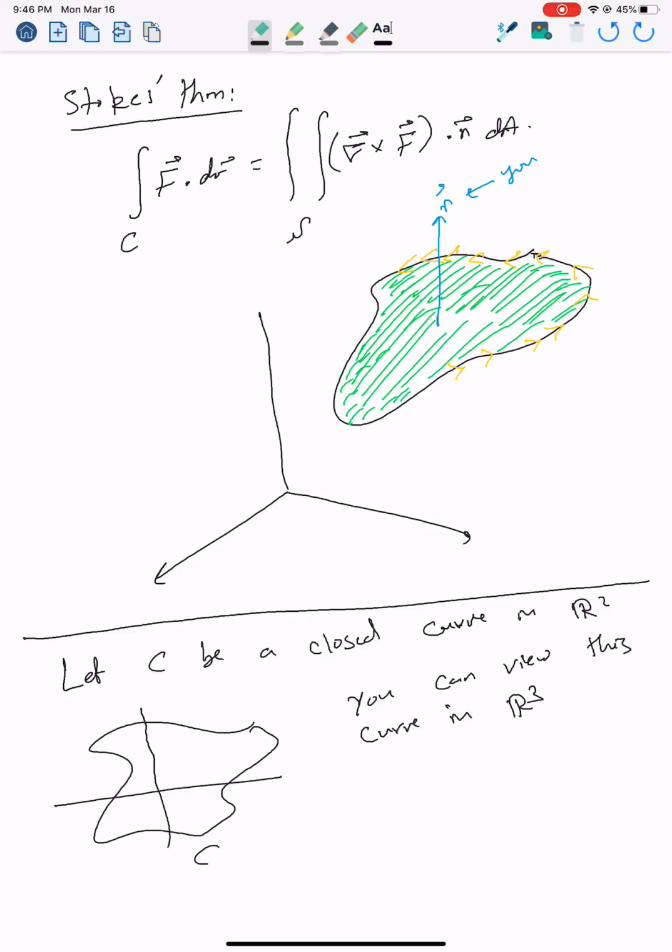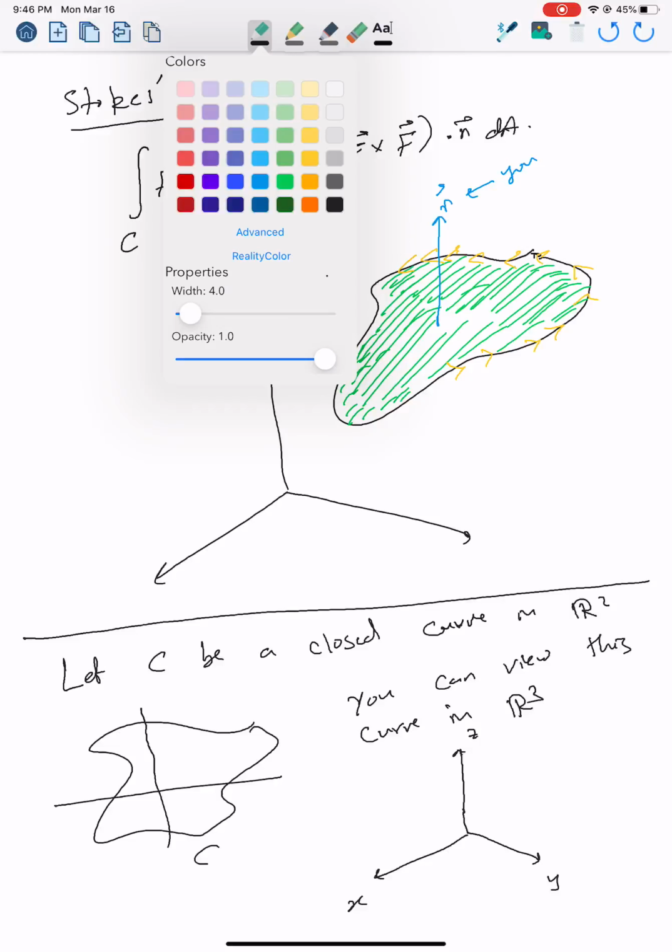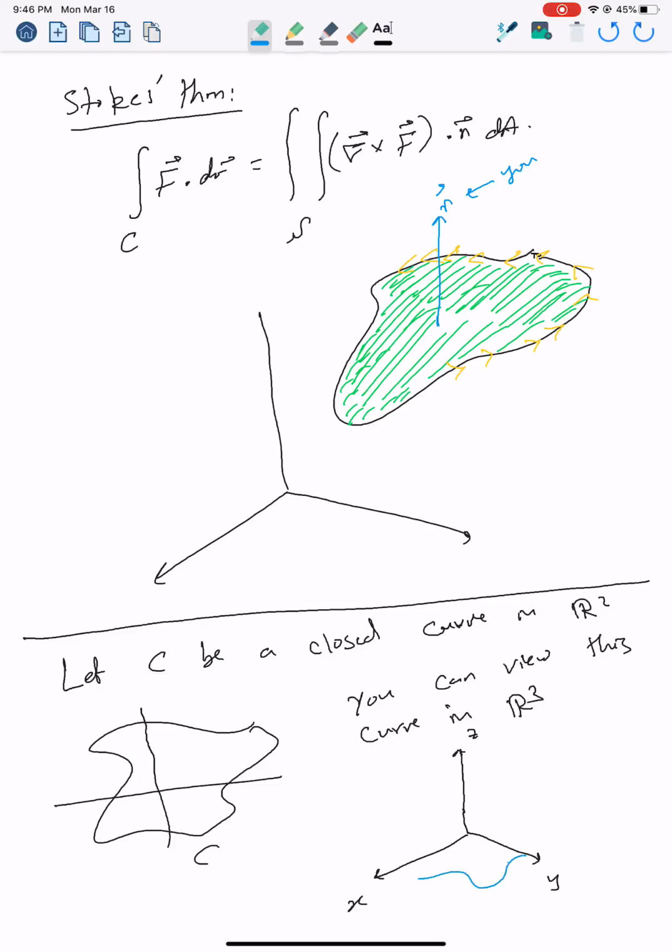How is that? If you draw the axes in R3, this curve, you can draw it. This is the x-axis, the y-axis, the z-axis. You can draw exactly the same curve down on the xy plane, right? Like this. This is my curve. Okay? Then, if you look at the interior, this is the interior of the curve.